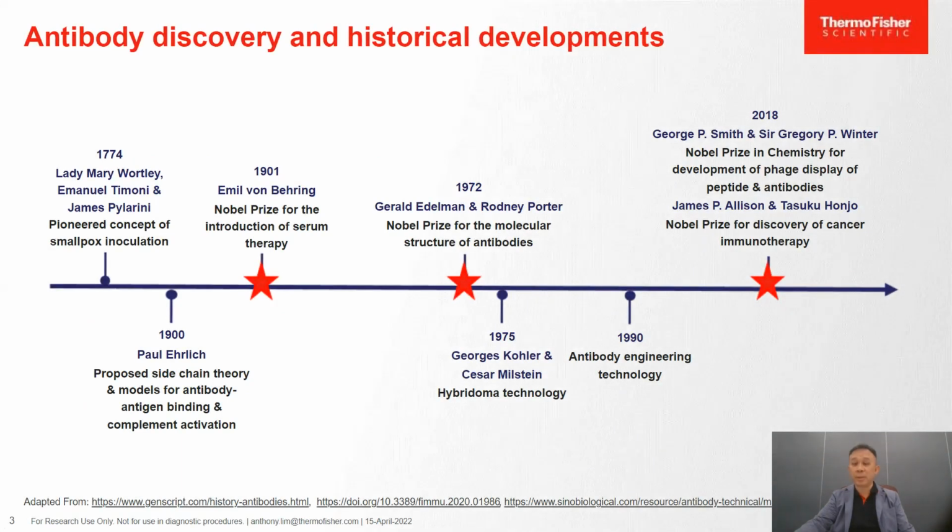He was the first to propose a model for an antibody molecule in which the antibody was branched and consisted of multiple sites for binding to the foreign materials known as an antigen. For the activation and the complement pathway, Behring was then awarded the Nobel Prize in 1901 for his work on the serum therapy.